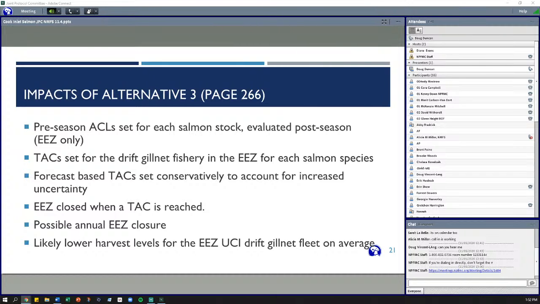And by that, I mean it takes National Marine Fisheries Service longer to publish a notice in the Federal Register to close a fishery than it does for the state of Alaska, which through emergency orders can make things happen very quickly, whereas we don't have that flexibility quite as much. Once the TAC was reached, the EEZ would be closed.